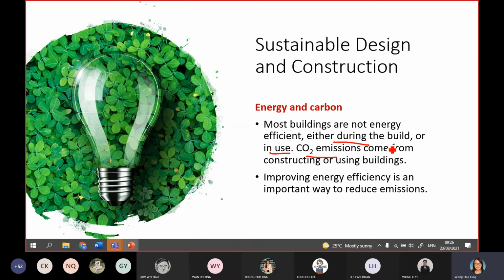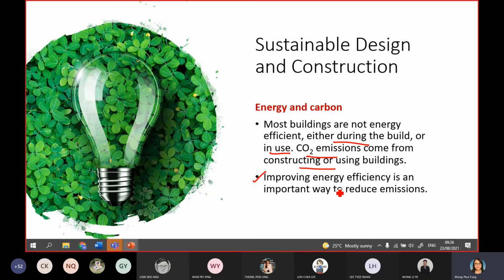CO2 emission comes from construction or using the building. As I mentioned just now, the building is durable. During the construction stage, during the operation and maintenance stage, the building will consume a lot of energy and will release a lot of CO2.